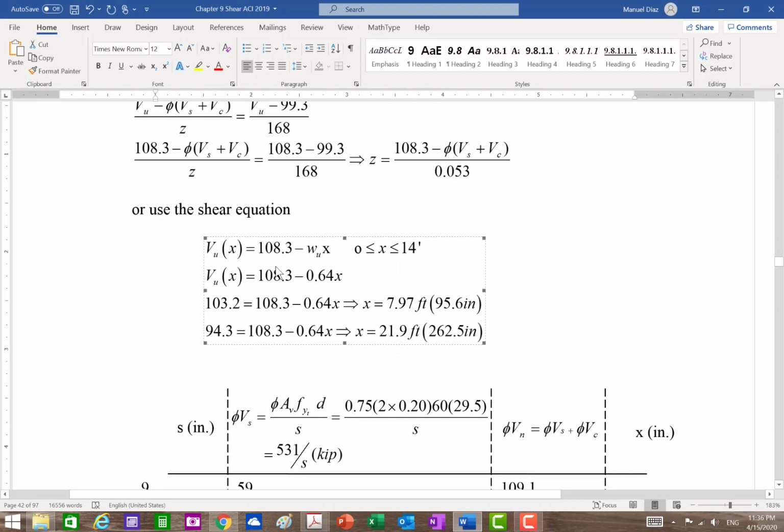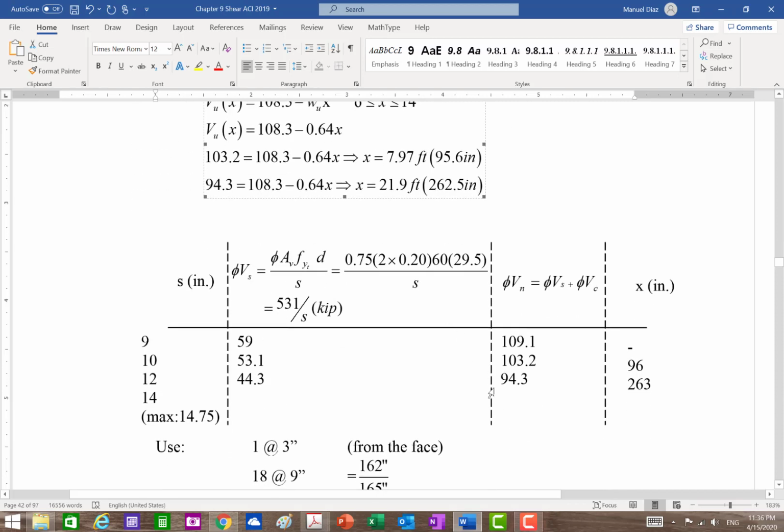So it simplifies to this, and then the question is, okay, where would the value 103 happen? So when this is 103, so I put 103 here, and I solve for my x. Then in my value in feet, change it to inches. I said, okay, 96. Okay, a little more. This one, 94.3, is here at 21.9.